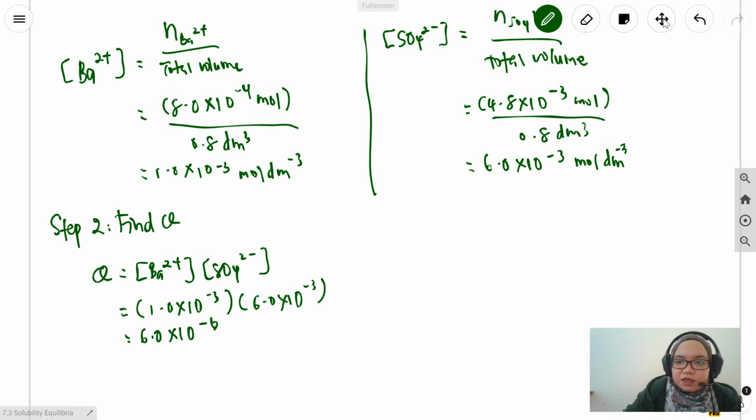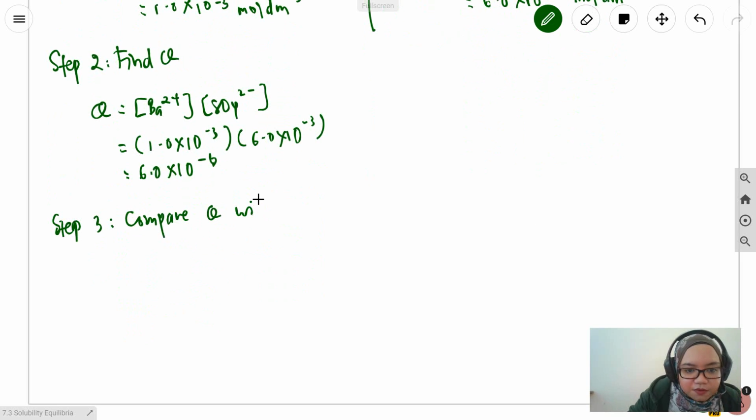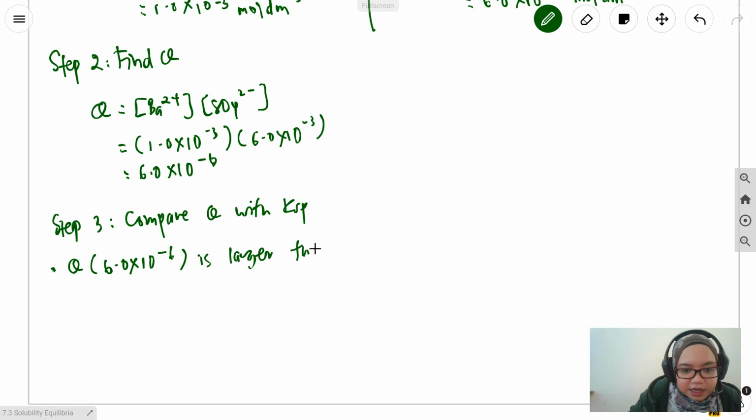Okay. So dekat sini, bila dapat Q, step 3, you have to compare Q with KSP. So point yang pertama, you kena compare. So Q, 6.0 times 10 negative 6, is larger than KSP.